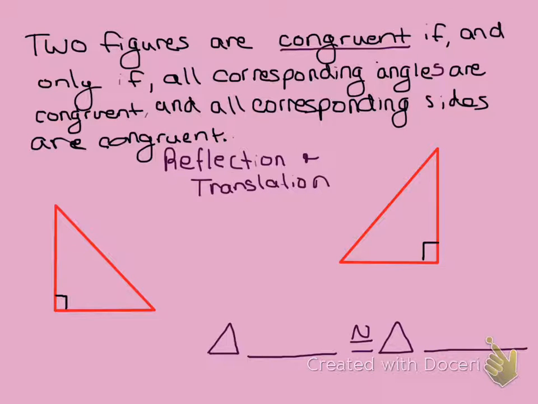So let's talk about that term corresponding. When we talk about corresponding, we talk about the resulting angle after the transformation has taken place. So I've given you two triangles here that have had a reflection and a translation done.